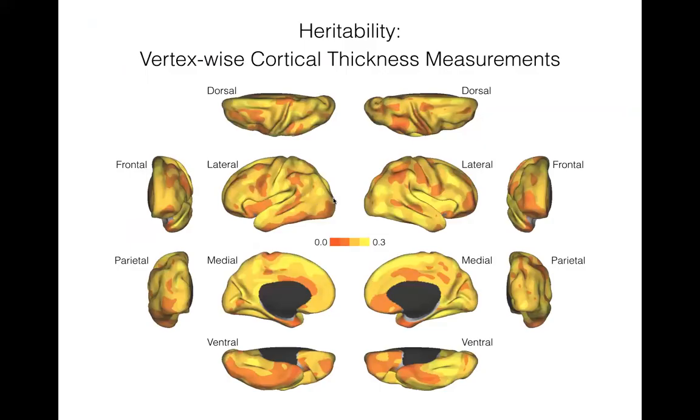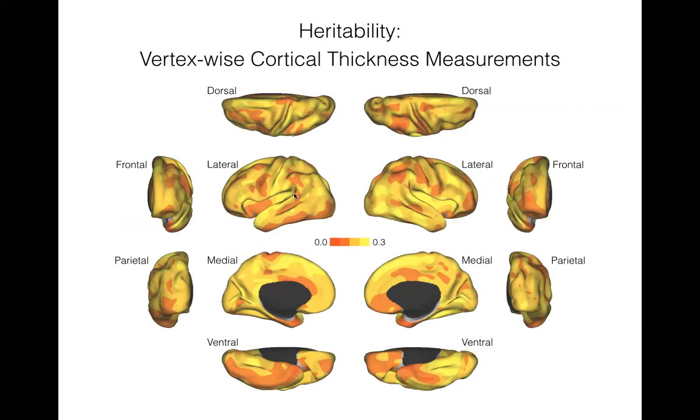For example, because of these three-dimensional high-resolution brain images, we can compute the cortical thickness at each and every location on cerebral cortex. And this will give us hundreds of thousands of cortical thickness measurements across the two hemispheres.